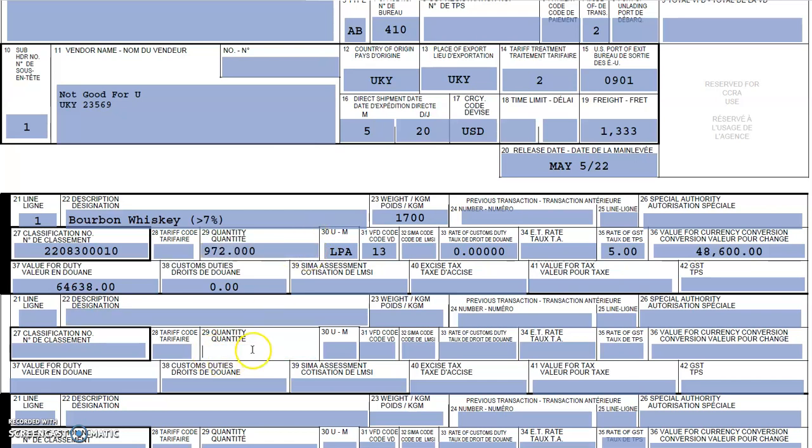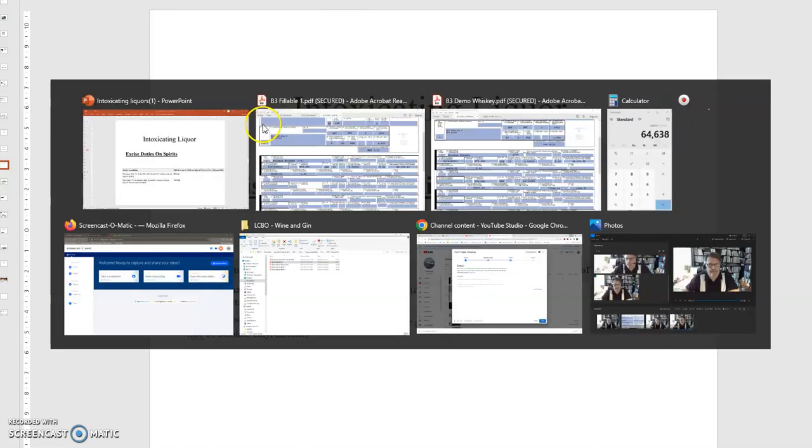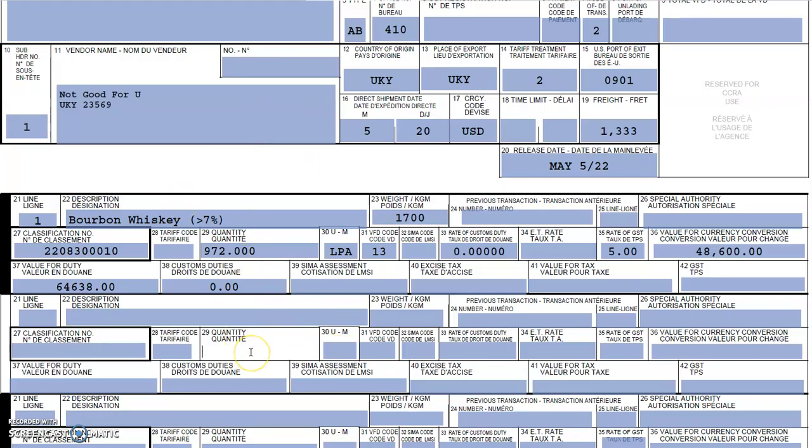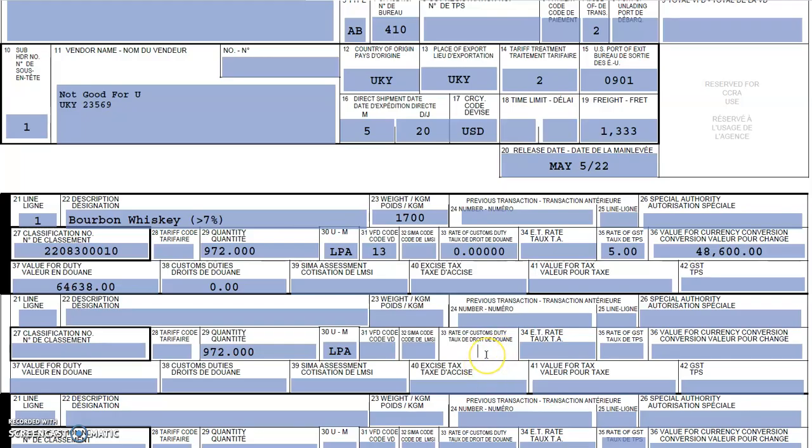Okay? All right. Now, the next field is the excise duty. And the excise duty amount is 13.042 per absolute ethanol alcohol, or liters of pure alcohol. So we need to fill that in here. We need to put in the LPAs again, because that's how we calculate the duties and taxes. We put in the rate of excise duty, which is 13.042.